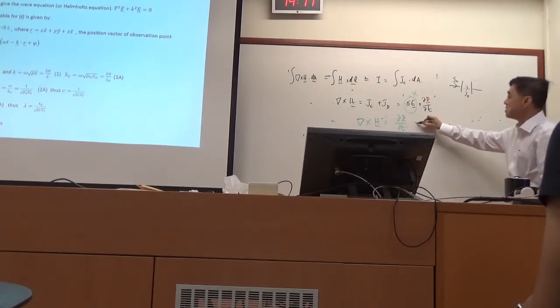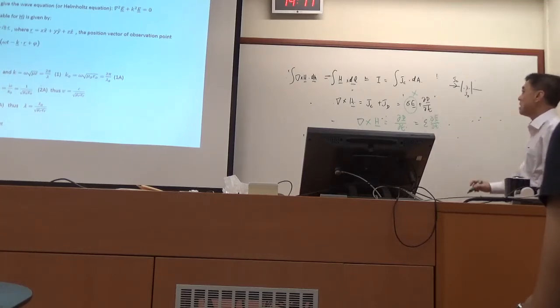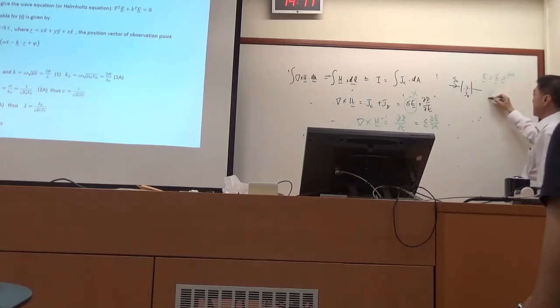Now, D is equal to epsilon E, so that is equal to epsilon E. And since E has e to the j omega t, d dt of e to the j omega t gives me j omega e to the j omega t, right? This is what we said before.